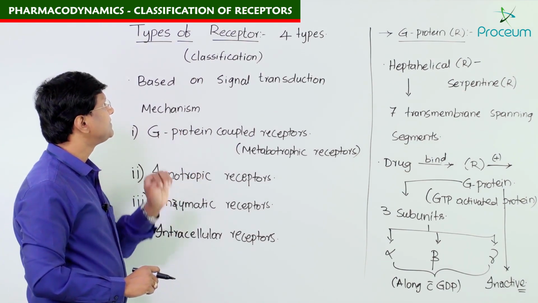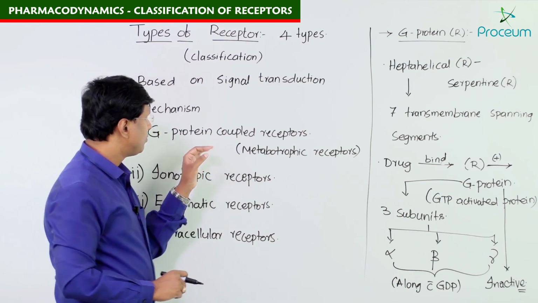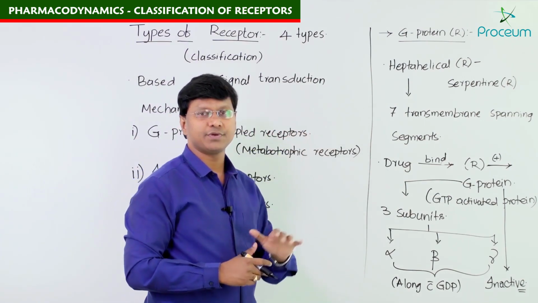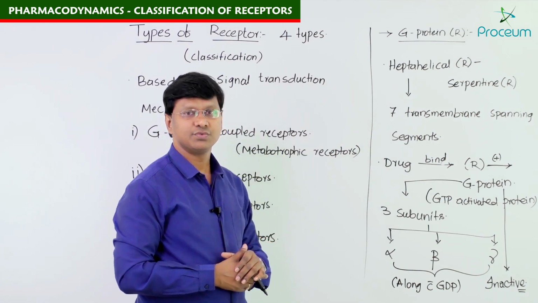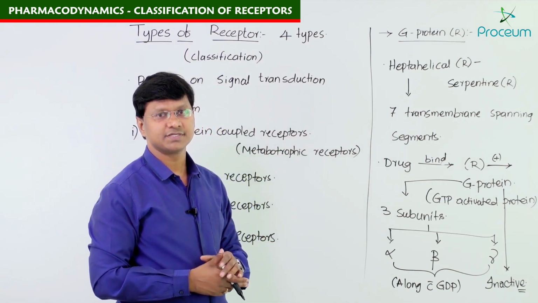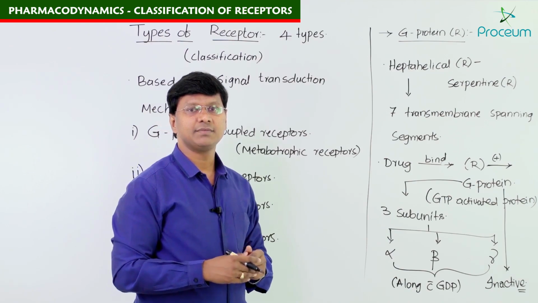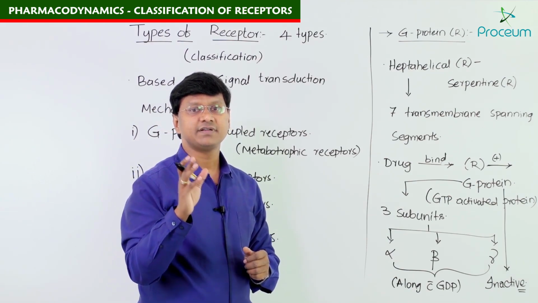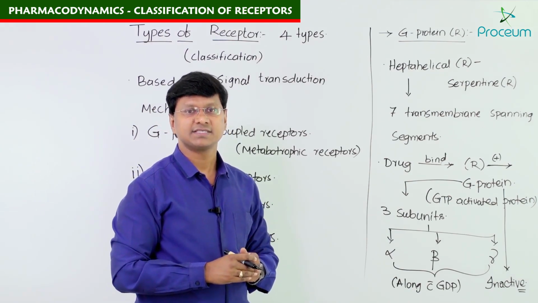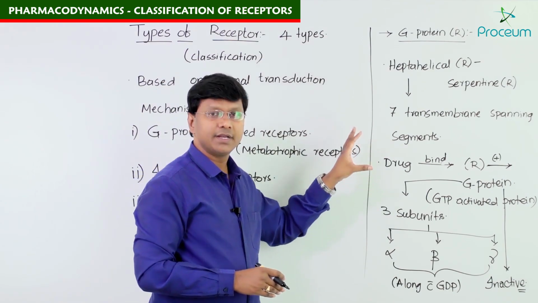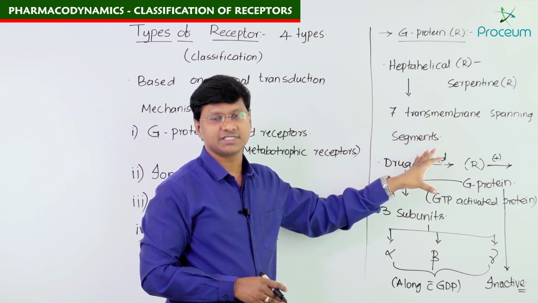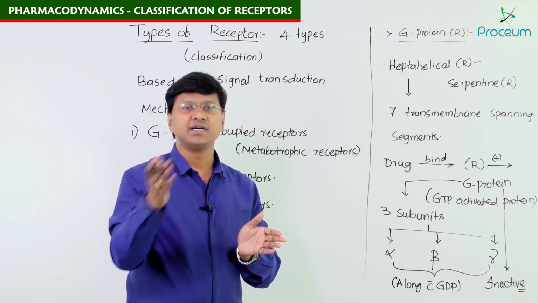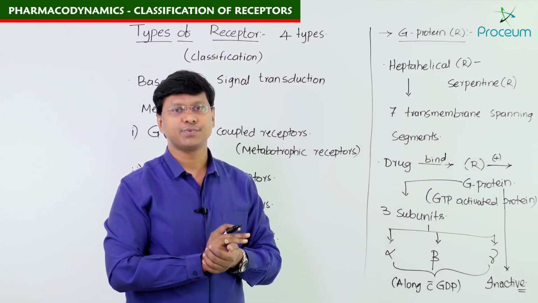What we are discussing is mainly the G protein coupled receptors. Remember, these are heptahelical receptors, also called serpentine receptors, because they have 7 transmembrane spanning segments. The drug comes and binds to the receptors, which in turn activates the G protein.